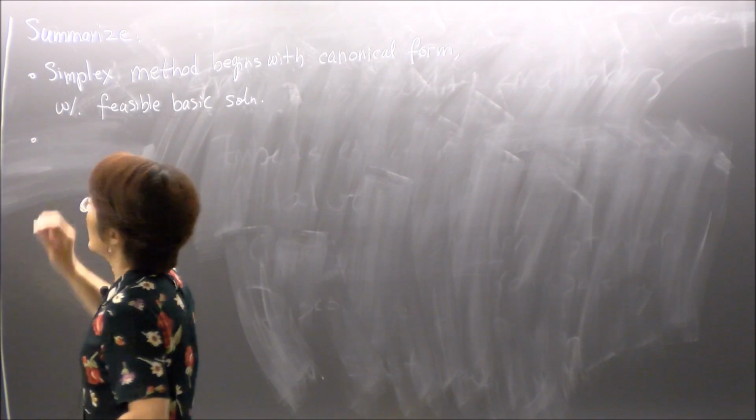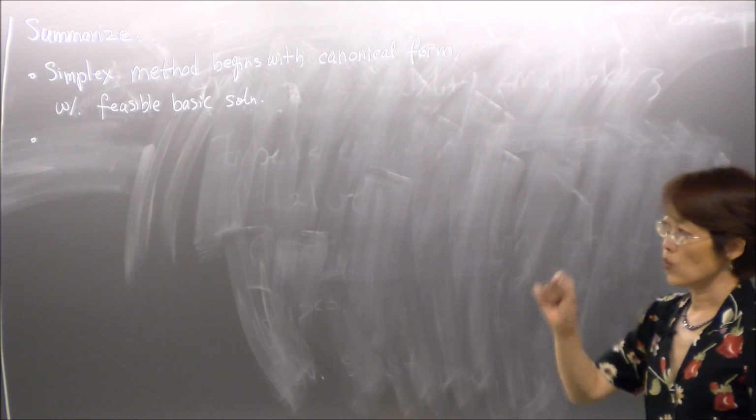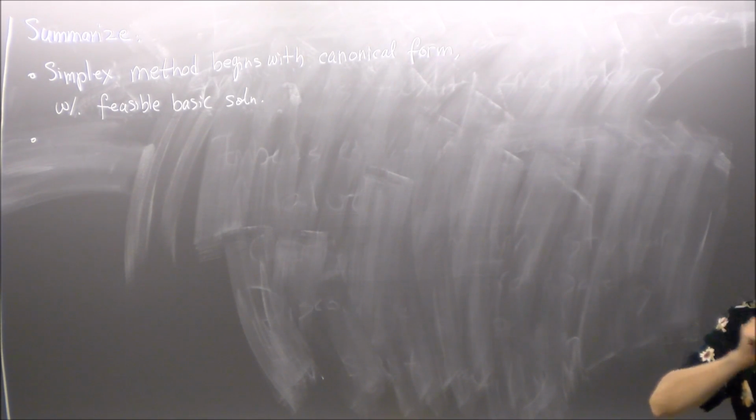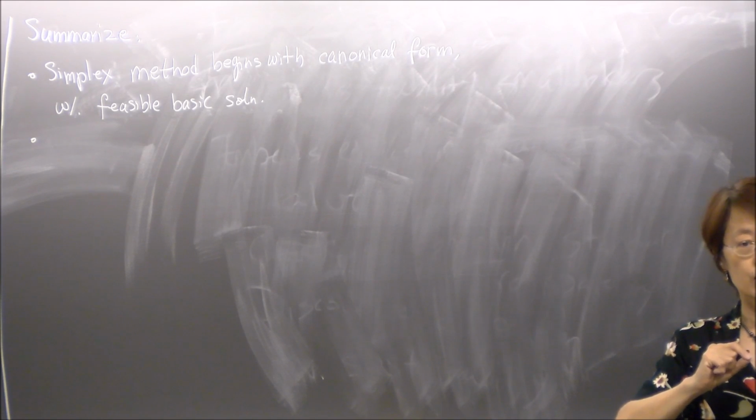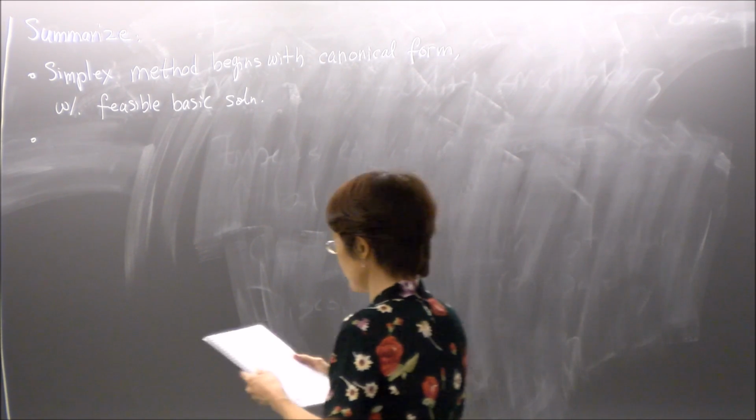So what we did basically was moving from one basic solution to a nearby one, trying to minimize z, until we reach the minimum. In a short sentence, that's basically what we did.